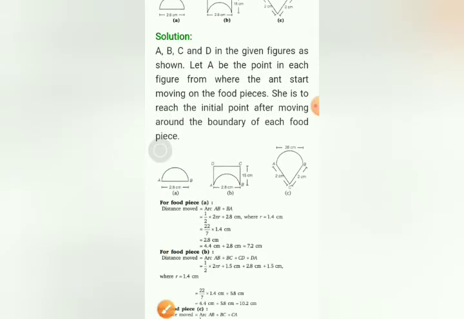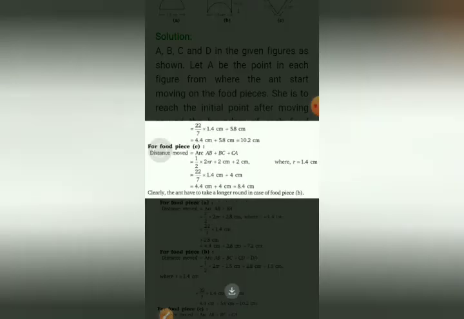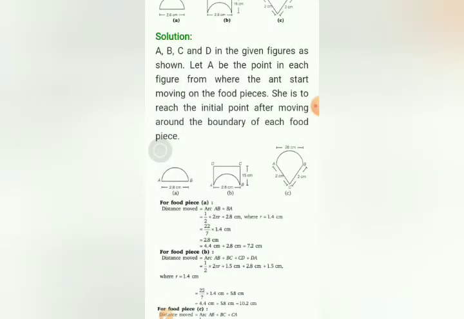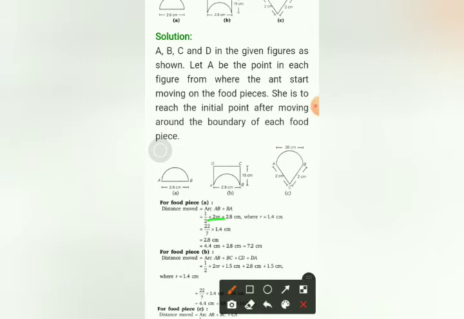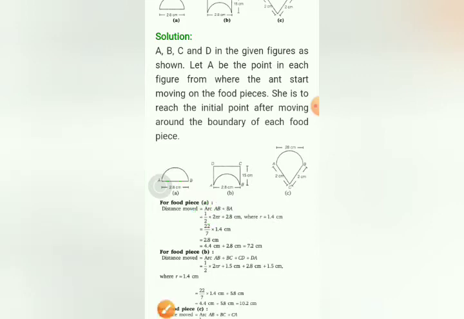For this shape A, the formula is half of 2 pi r, where 2 pi r is the circumference of the circle, and we are taking half since it is a semicircle, and we will add the BA distance, that is the diameter.